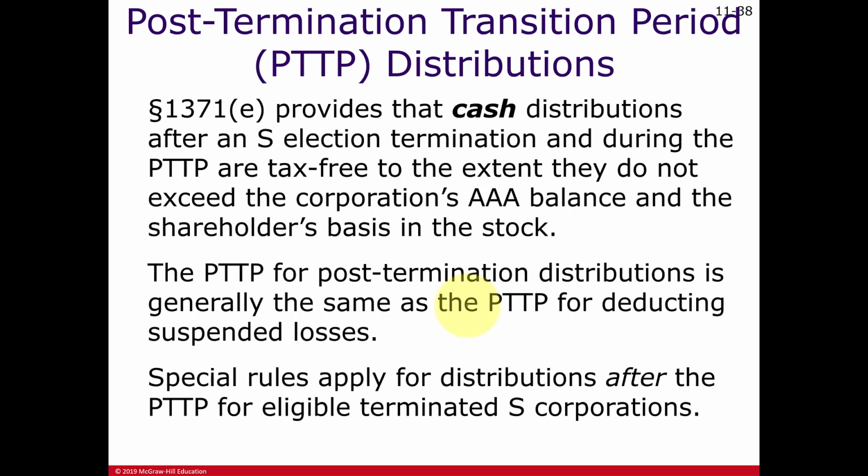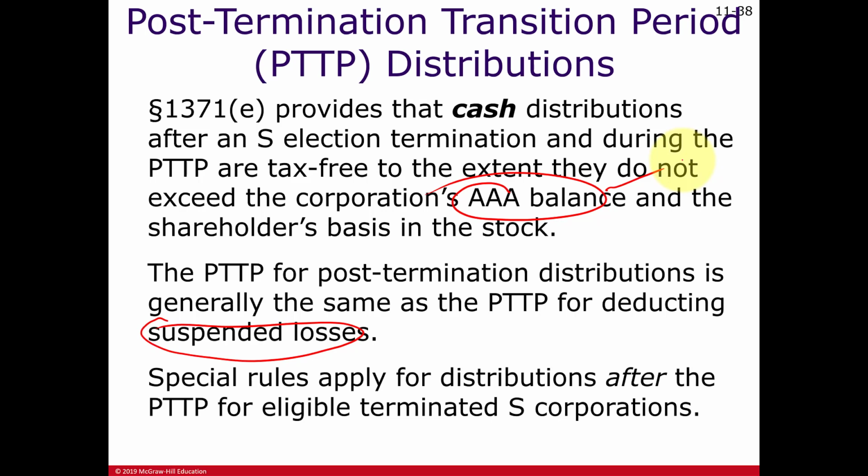So we're going to terminate our S election, be it voluntary or not, and then we have a balance in the AAA account. And just like we've seen in the case of unused losses, remember those suspended losses because we don't have a basis, the same thing is true in the case of the AAA account. Remember, AAA account is good.